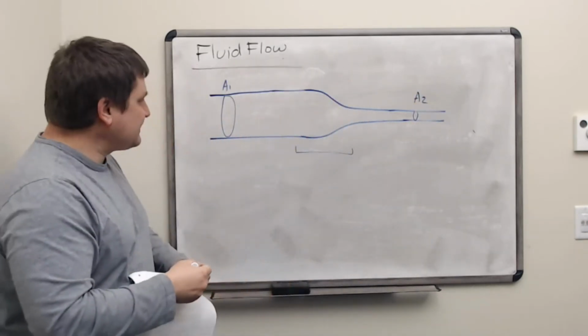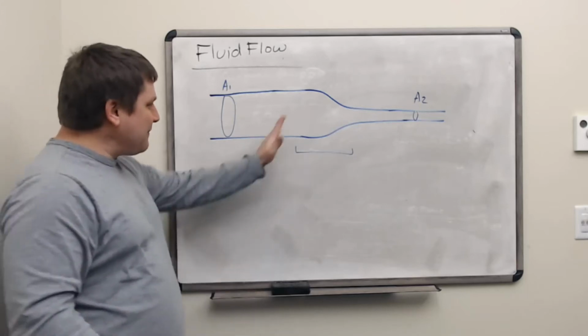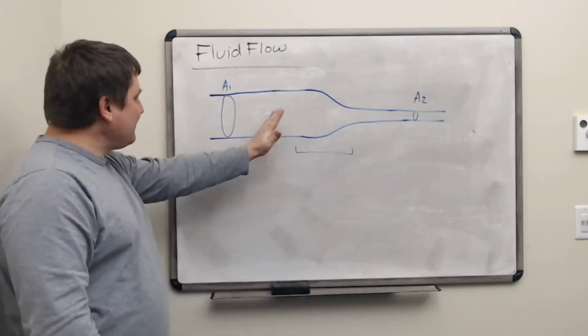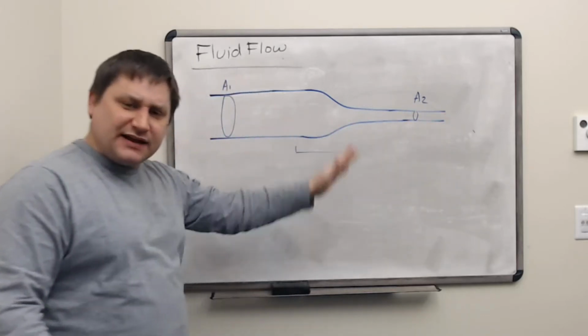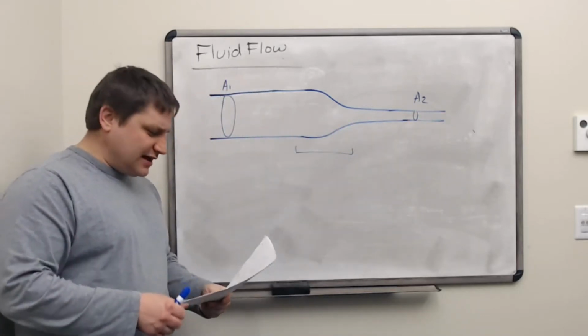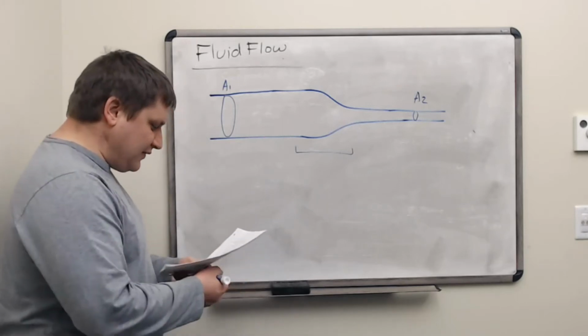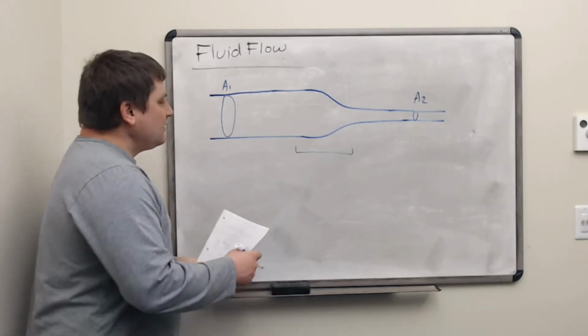So this change in areas sort of happens near the middle, and far to the left and far to the right, the pipe is again having a constant cross section as the fluid flows through it, right?